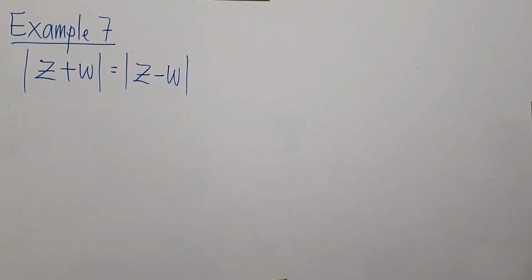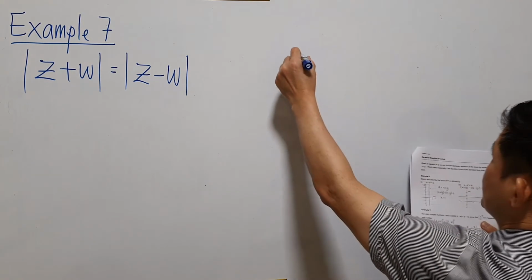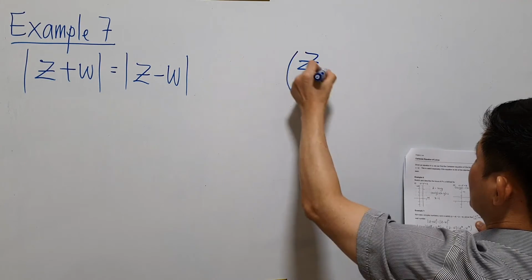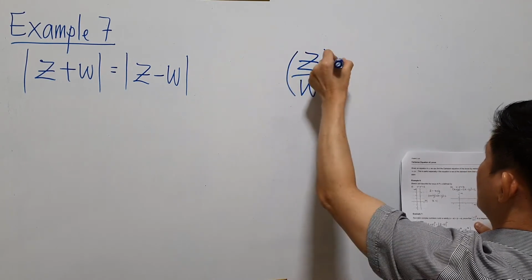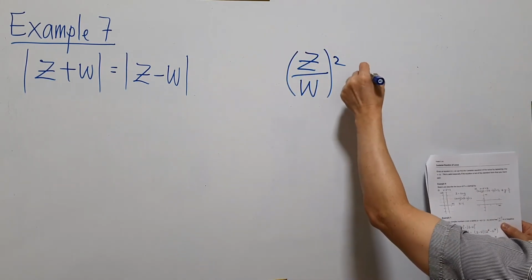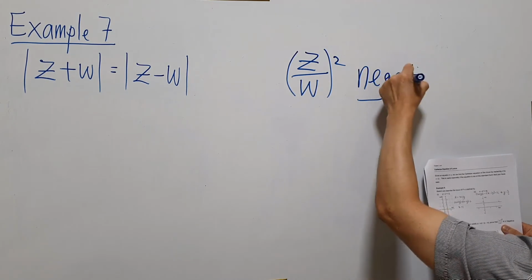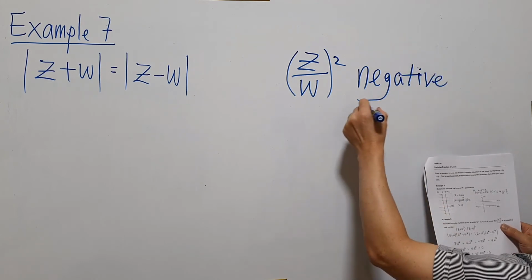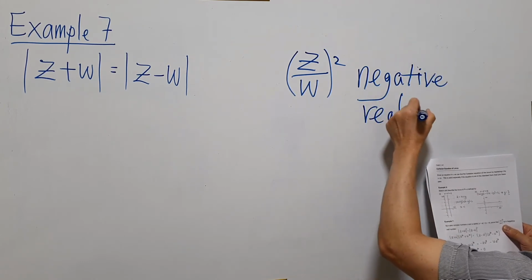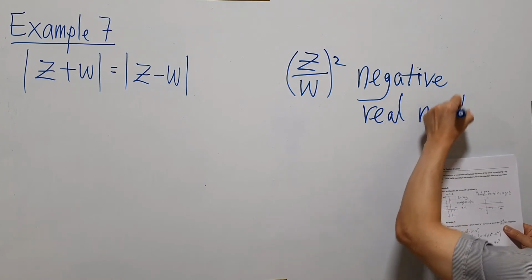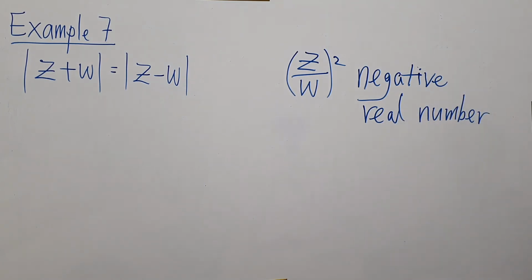Modulus of Z plus W equals modulus of Z minus W. And you are asked to prove that Z over W squared is a negative real number. Okay, right, how do we go about it?